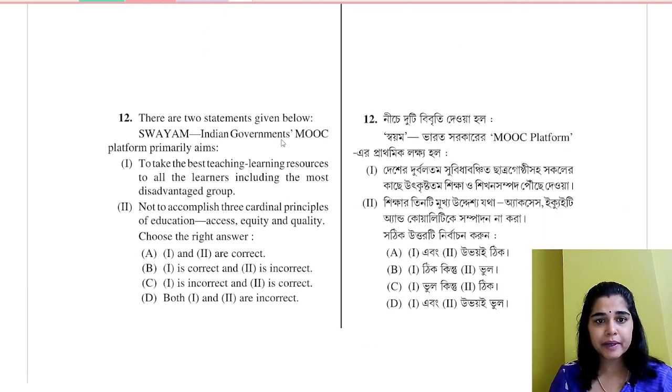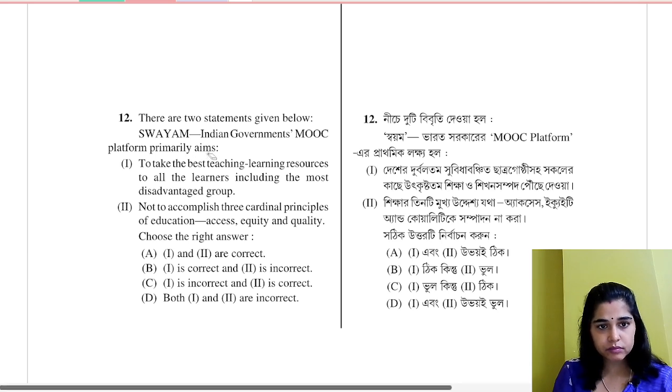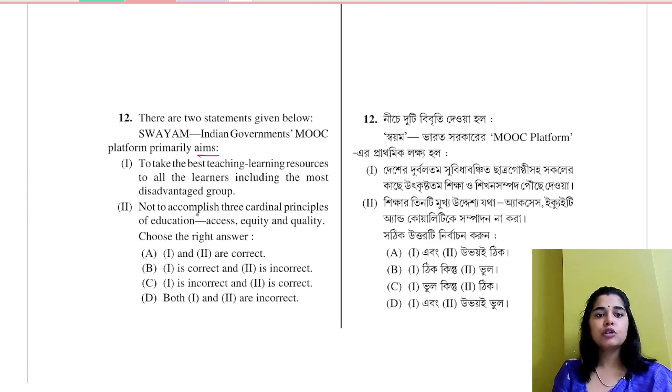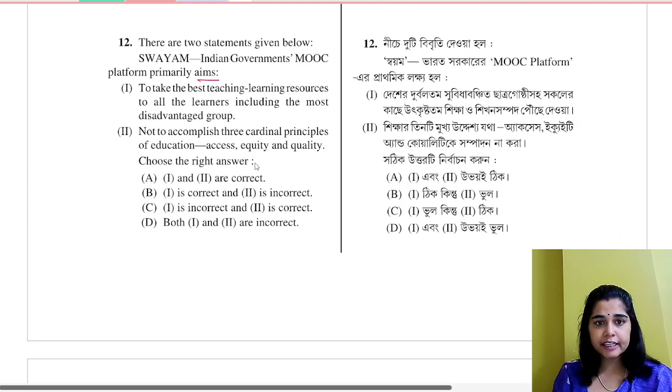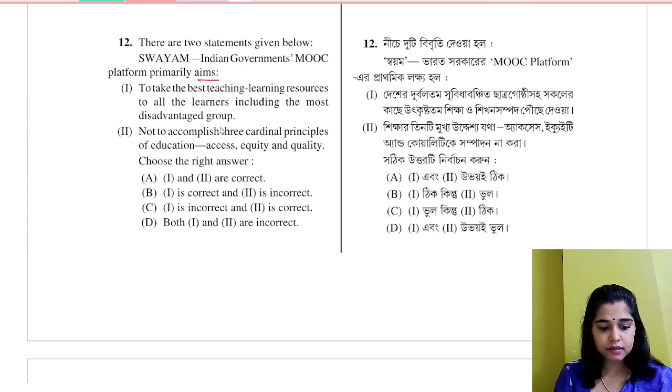There are two statements given below. Let's see. Swayam Indian Government MOOC platform primarily aims to take the best teaching learning resources to all the learners, including the most disadvantaged group. Yes. Not to accomplish three cardinal principles of education: access, equity, and quality. Why not?